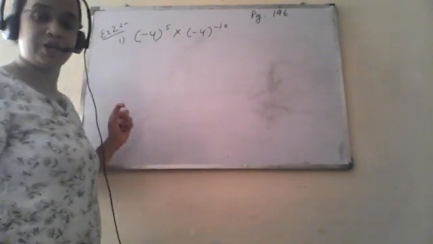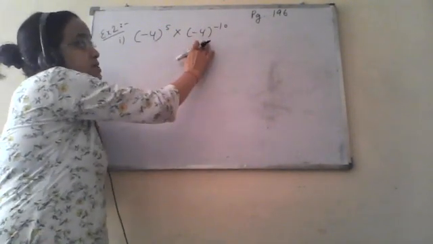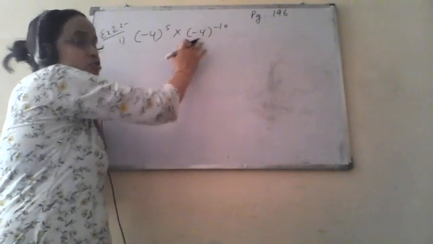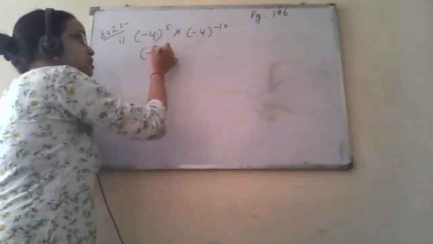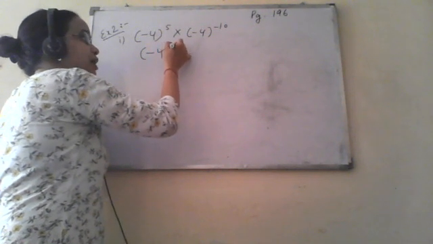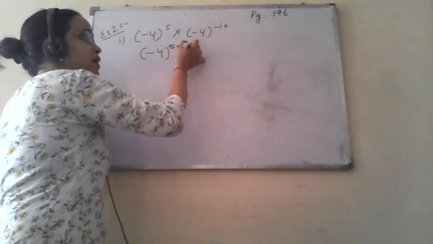Now the law of addition I have told you: their bases are the same. Both their bases are minus 4, so their powers will get added. So it is minus 4 to the power 5 plus minus 10.